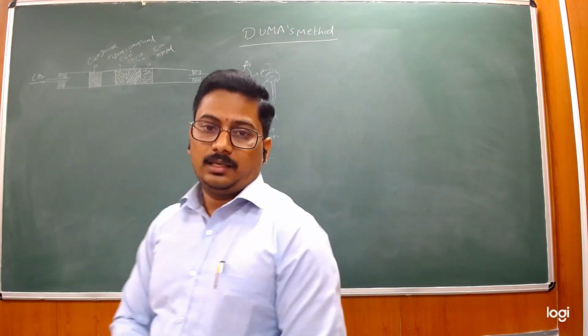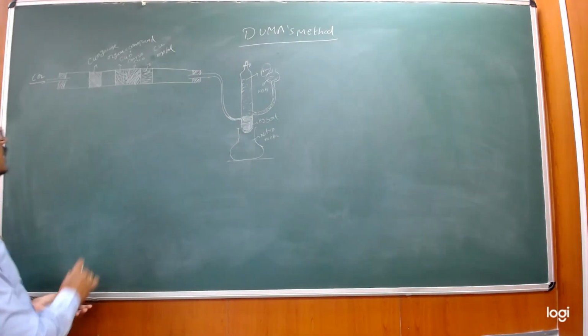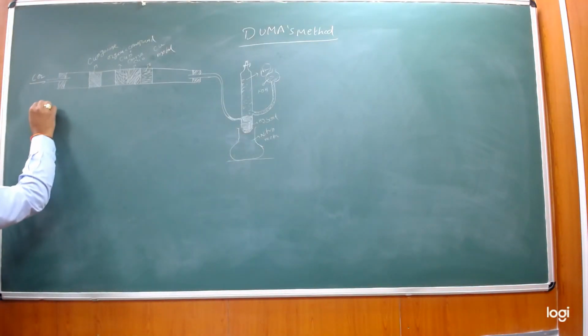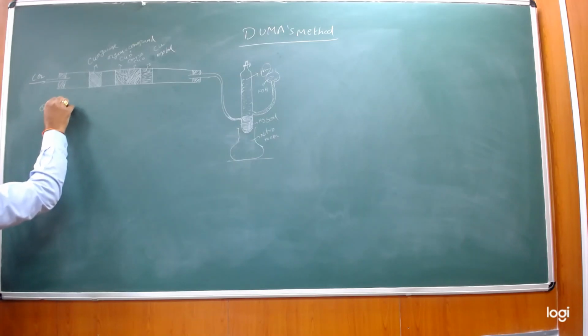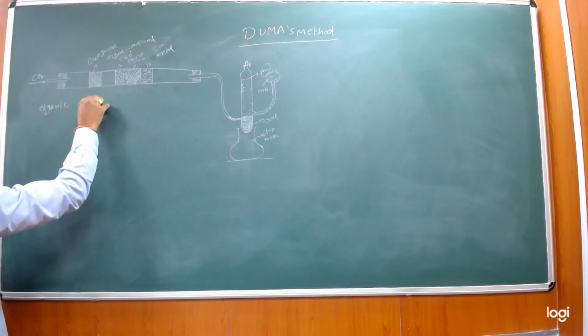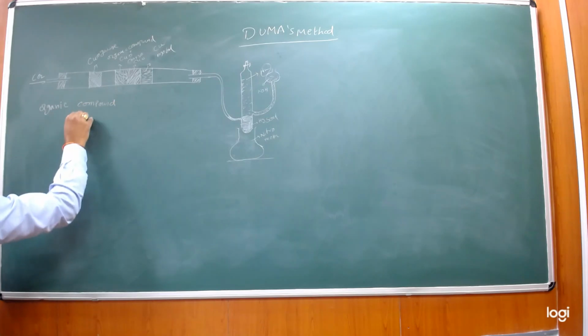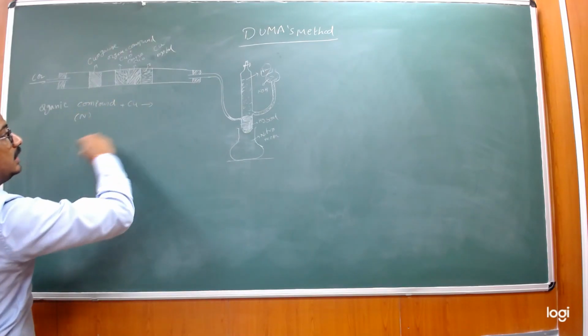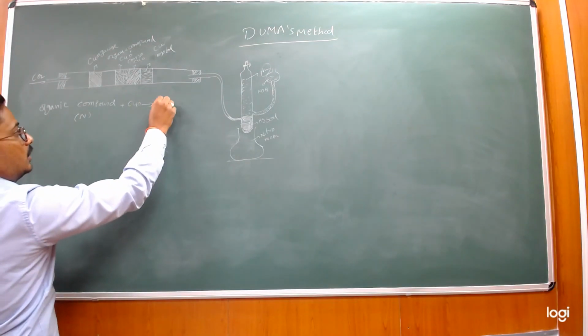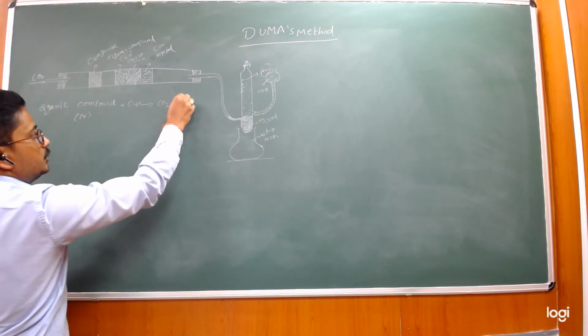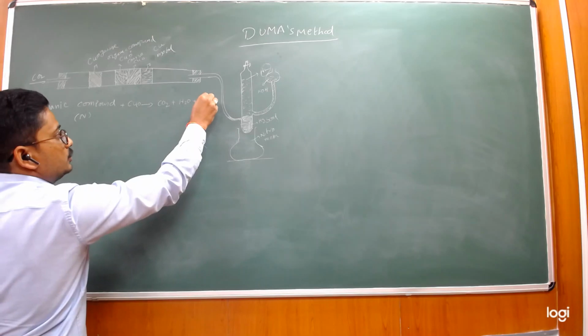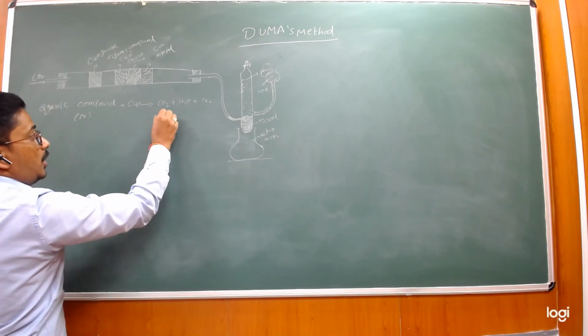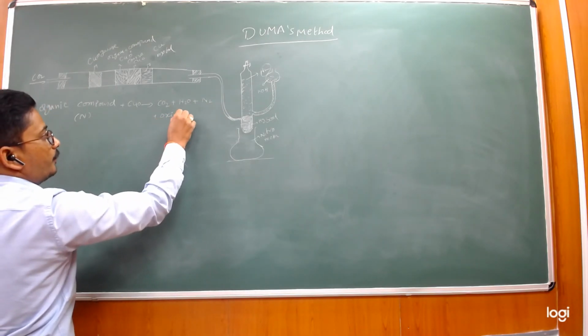What is happening? Very simple reactions here. First of all, we take the organic compound, which is having nitrogen, plus copper oxide. It can produce CO2 plus H2O plus nitrogen and some oxides of nitrogen.